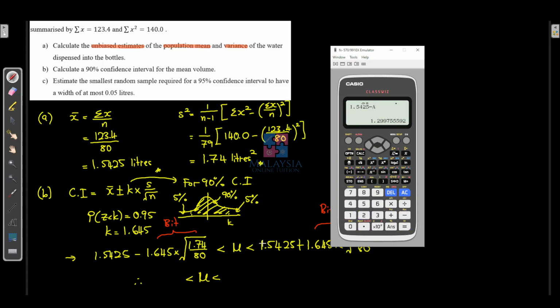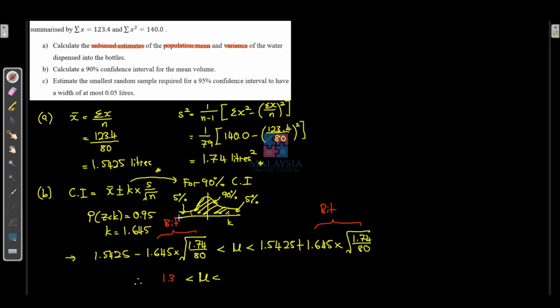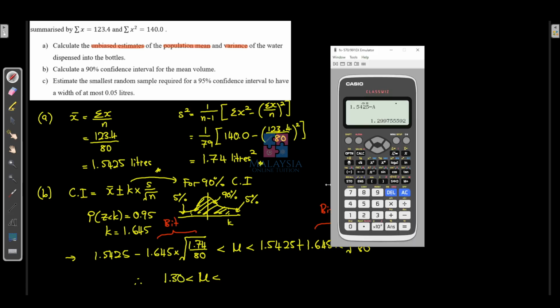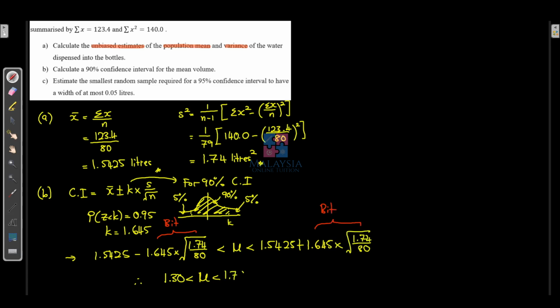So we get 1.30 for the lower value. And then for the upper value, we plus. We get 1.79. So this is the final answer for question number 1, part B.